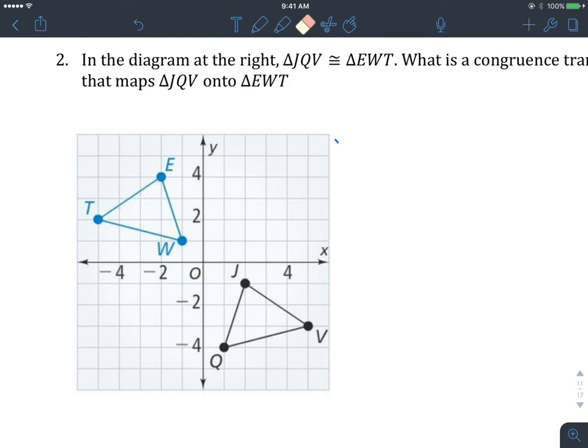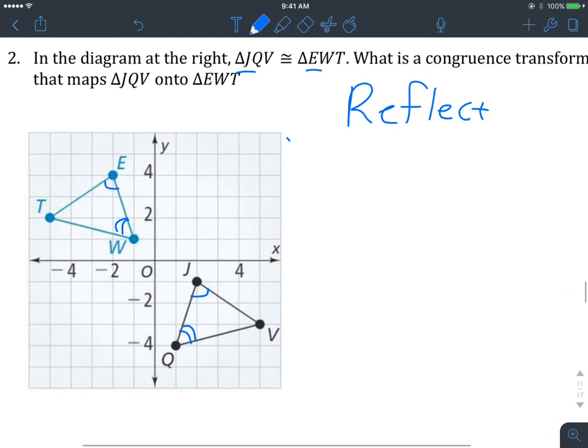So I'm going to look at the corresponding letters. Angle J corresponds to angle E. Q goes with W. So it looks like the orientation has been changed. So we know we need some type of reflection.